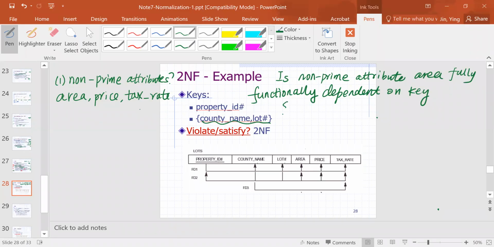That's something we need to check because this one has two attributes. This is our question.